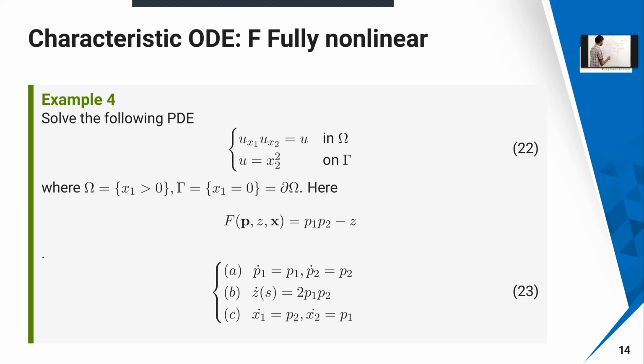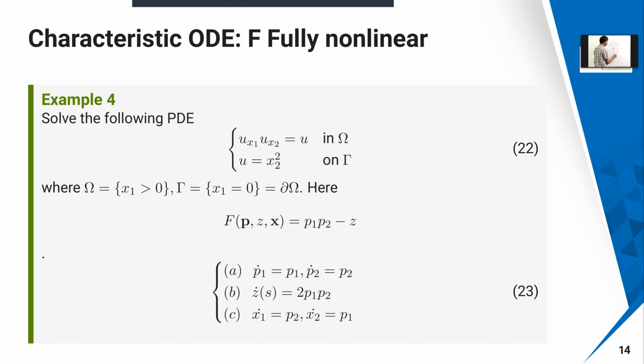So p dot of s is going to be minus d_z f into p. Therefore I can write minus d_z f into p, and similarly q dot of s is going to be minus d_z f into q.